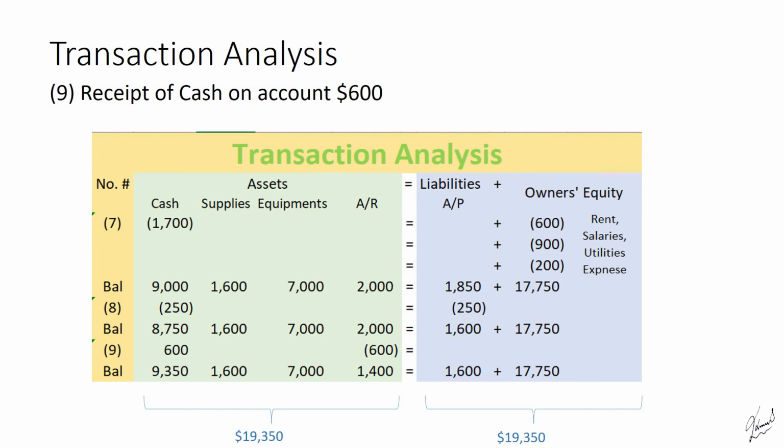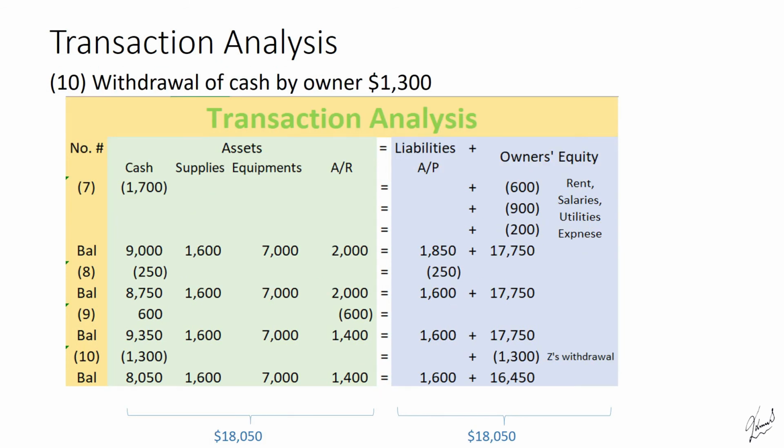So when we receive some payment, that was put under accounts receivable, we have to deduct it from accounts receivable, because the accounts receivable amount is being decreased. At the same time, what are we receiving? We are receiving cash. So cash is going to increase. So under cash column, we have increased cash, and under accounts receivable section, we are decreasing 600 from the previous balance 2000. So now let's move to the 10th and final transaction.